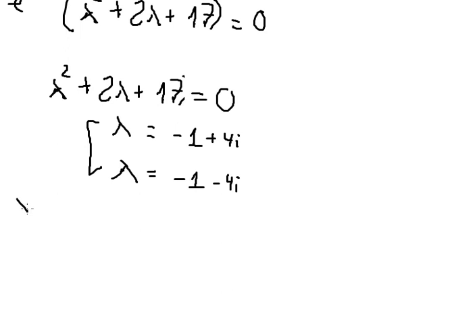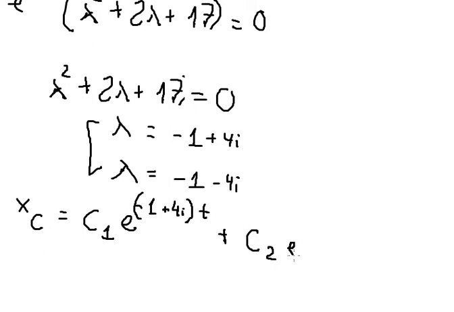So we have s_c equal to C1 e to the power of (negative 1 plus 4i) multiplied by t plus C2 e to the power of (negative 1 minus 4i) multiplied by t.